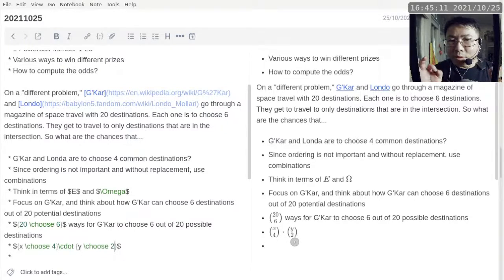So the question is, assuming that we already know what Jacquard has chosen as the 6 destinations, how many ways can Londo choose out of the 20 possible destinations so that 4 are in common to the 6 that Jacquard has chosen, and then the other two are not common to what Jacquard has already chosen?